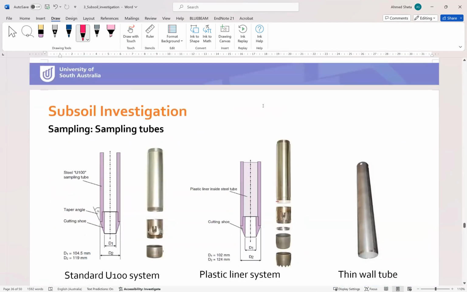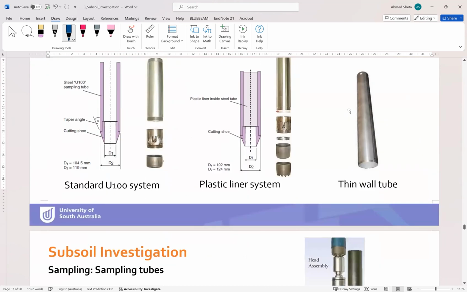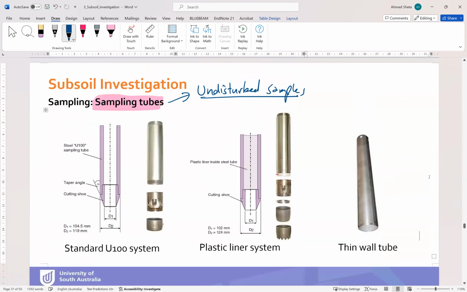Okay, here are some examples of the sample tubes used for extracting undisturbed samples. We are just having an overview of this topic, and we don't need to go into details.